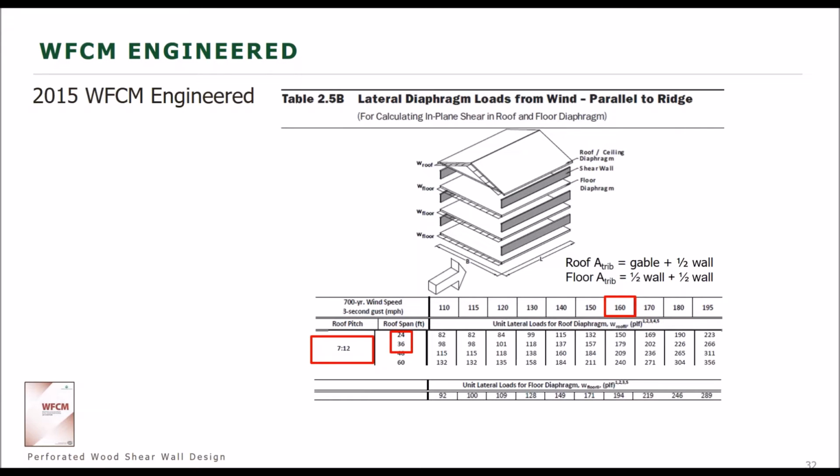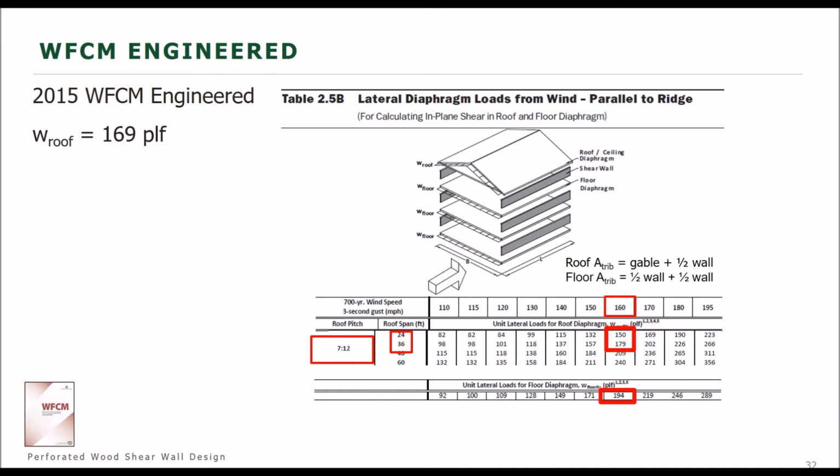That's the dimension perpendicular to the wall that we're designing. And we'll interpolate to get our value for a 32-foot span, and we see that we get a value for our roof of 169 PLF.